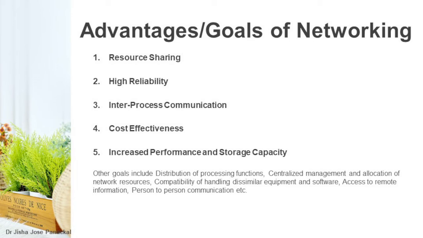Mainframes and supercomputers are very costly, but they are very powerful also. We can do any complex operations using these mainframe computers and supercomputers, but we can get the same efficiency with the help of these computer networks.